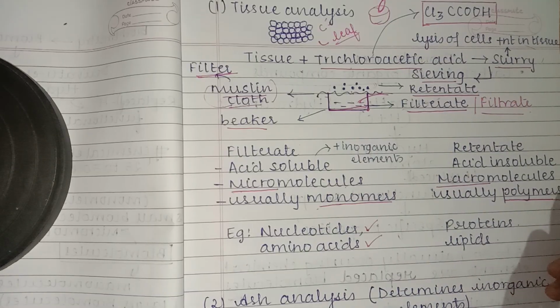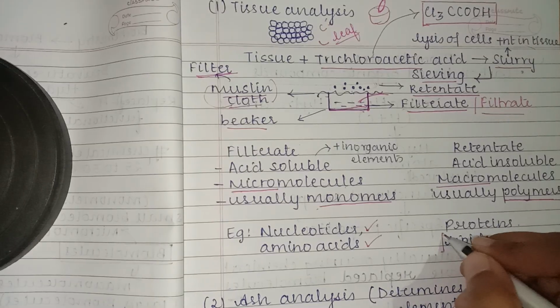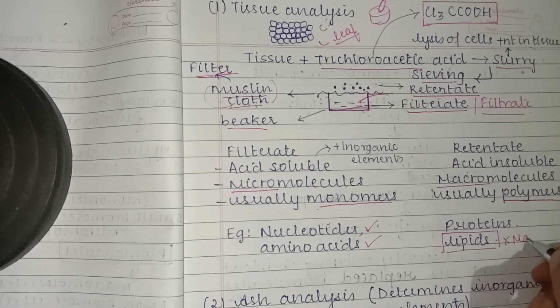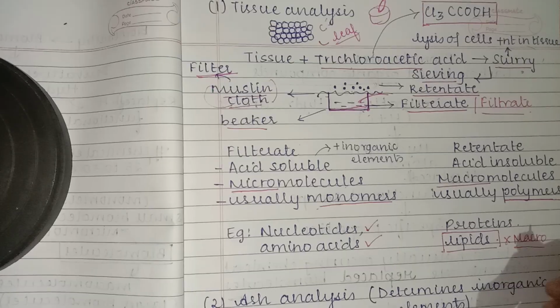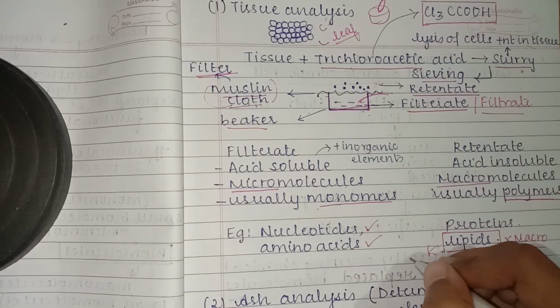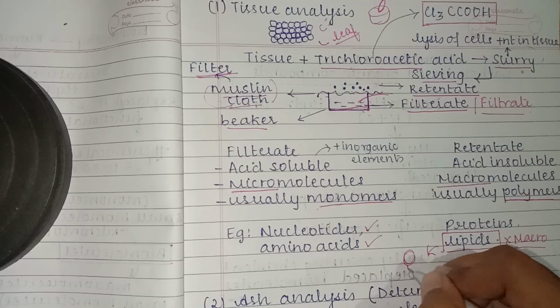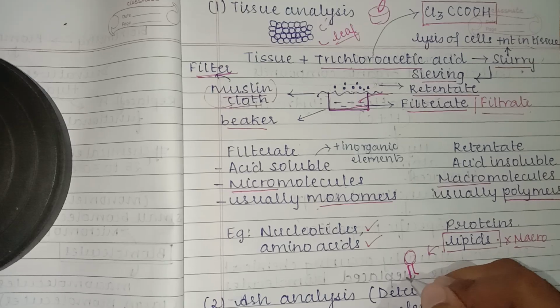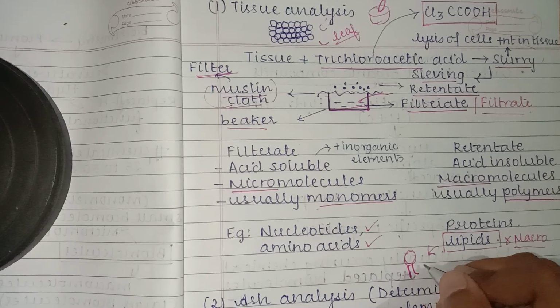Now see, lipids are not macromolecules. This is an exception over here. Lipids are not macro in size, they are micro. The structure of lipids is something like this. It has a head and it has a tail. Now this tail is afraid of water.